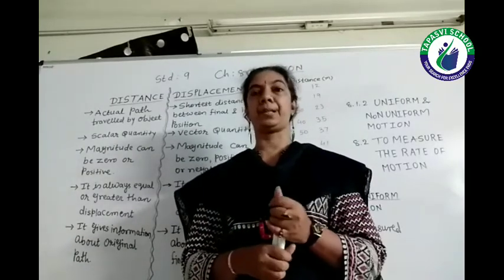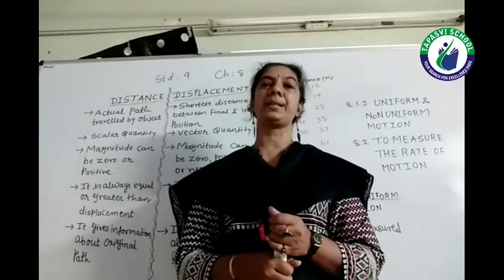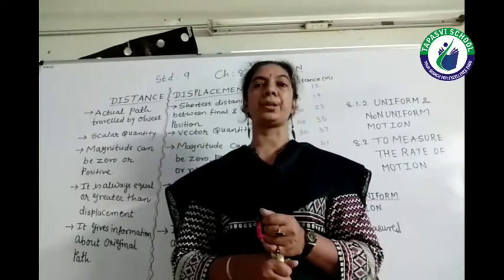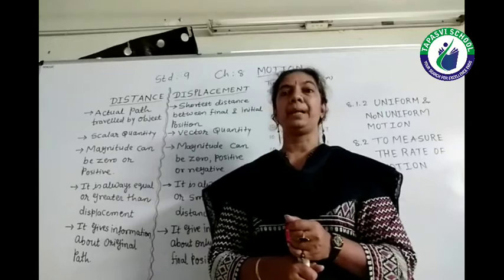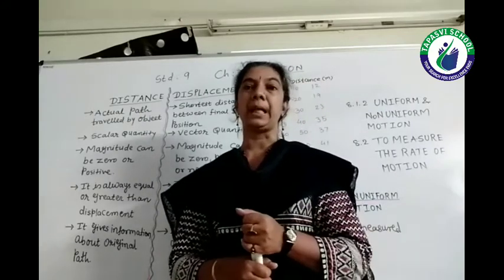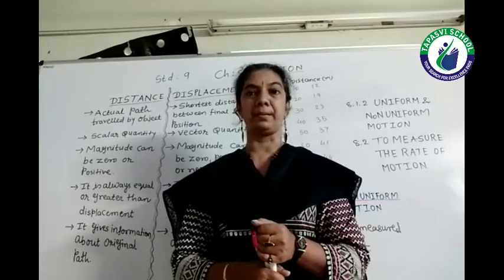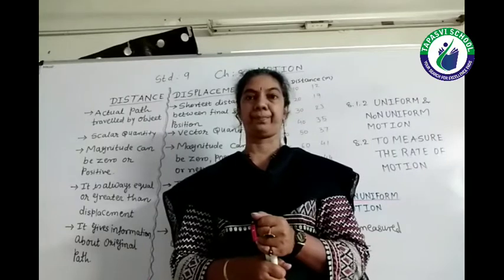In physics, we are supposed to remember quantities as well as the standard units of those quantities. For example, if I am taking height again, height is always measured in meter as the standard unit.